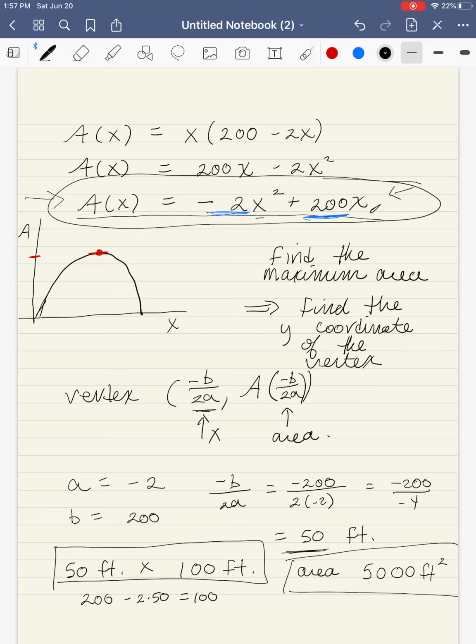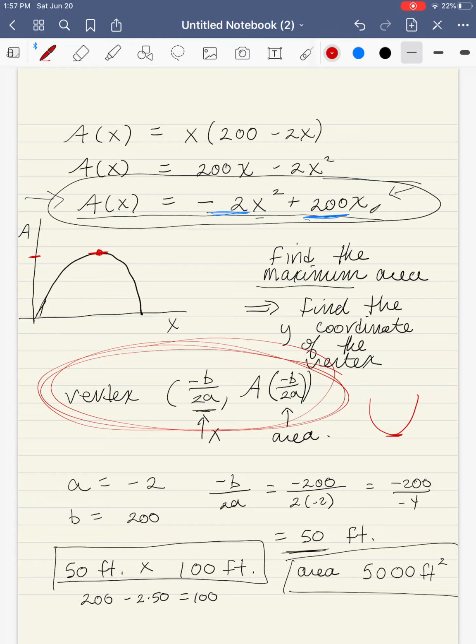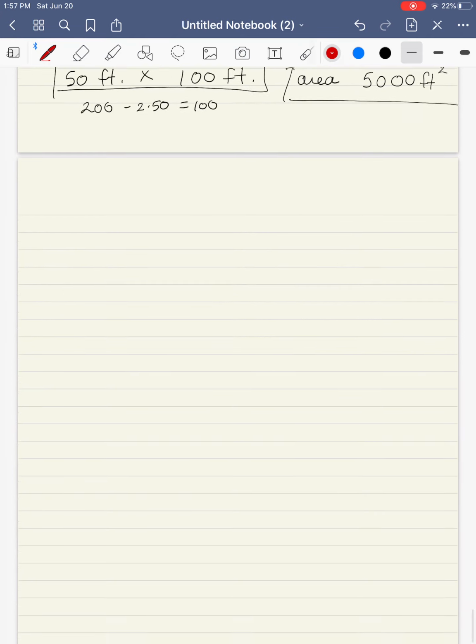The thing to remember here is once we have a function that is a quadratic, to find a maximum, we're using the vertex. We can also find a minimum value using the vertex.